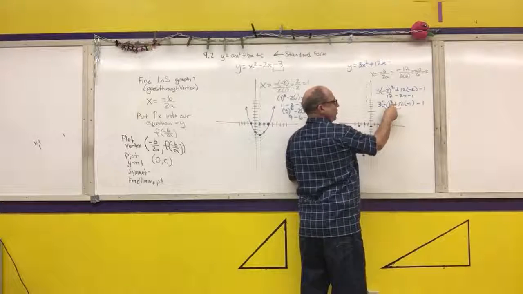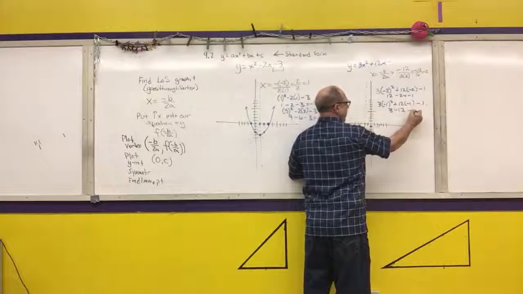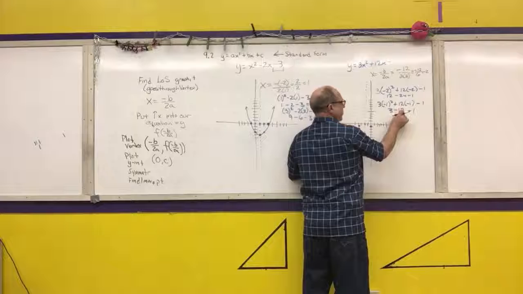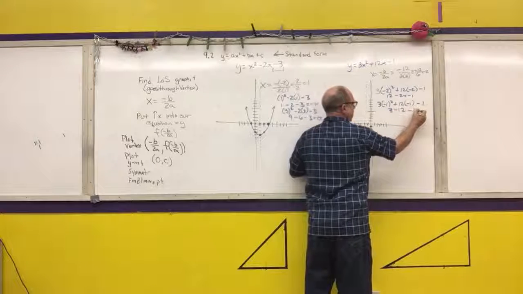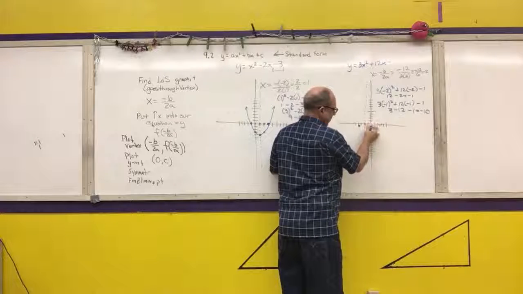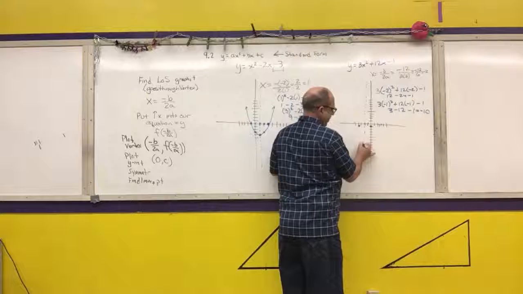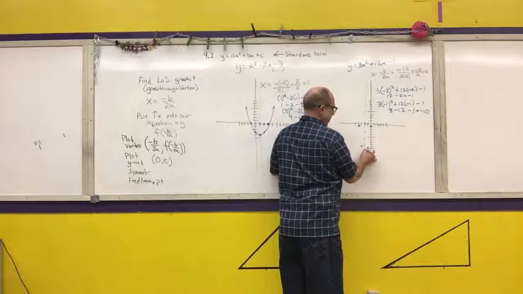Negative 1 squared is 1 times 3 is 3. Minus 12 minus 1. 3 minus 12 is negative 9. Minus 1 is negative 10. So at negative 1, I'm at negative 10. And at negative 3, I'm at negative 10 by symmetry. Then I can draw my smooth curve.